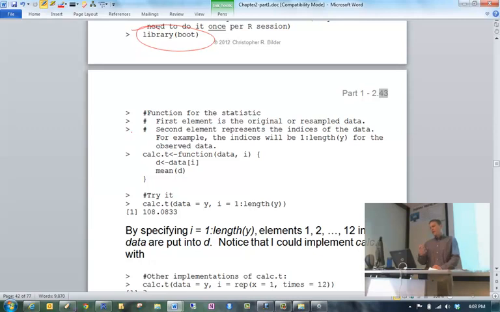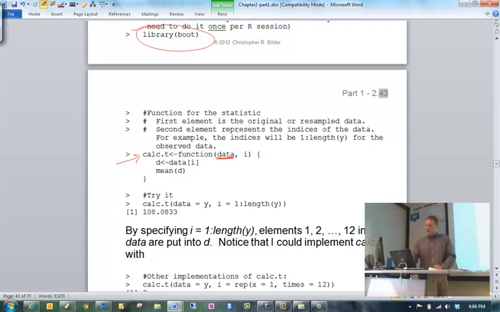And we need to write a function that actually calculates the statistic of interest. This function is very similar to what we did with the parametric bootstrap, but there's a small change to it. With the parametric bootstrap, the first argument we passed into this function was our data.